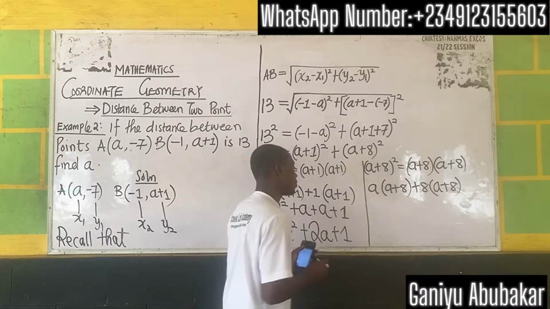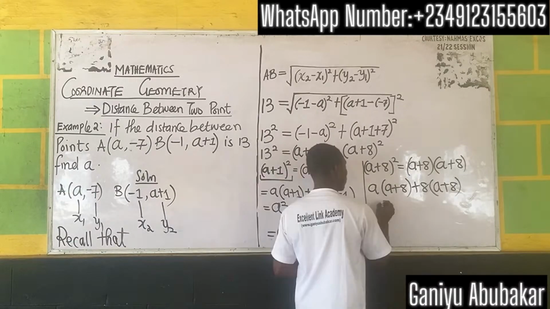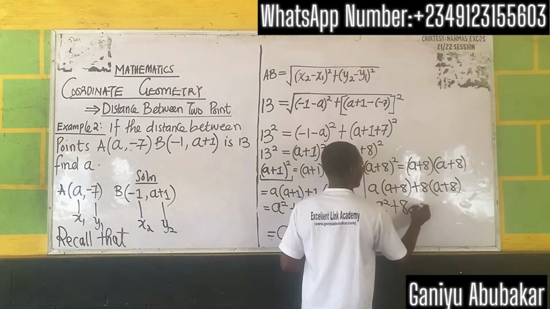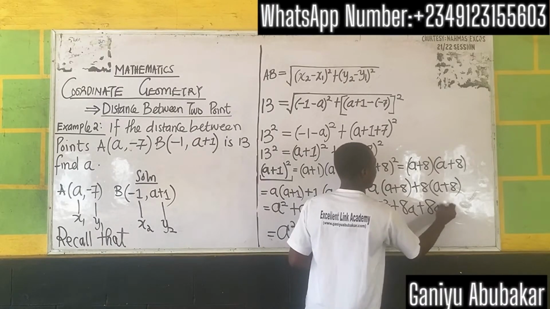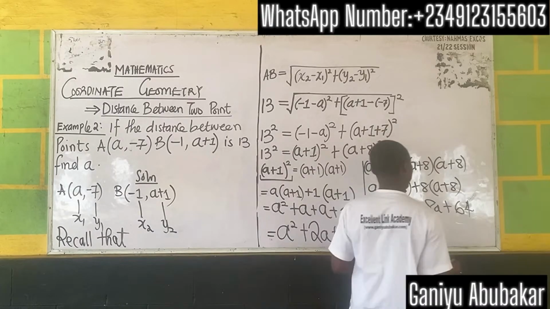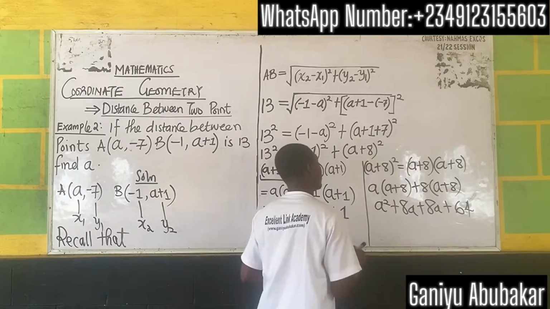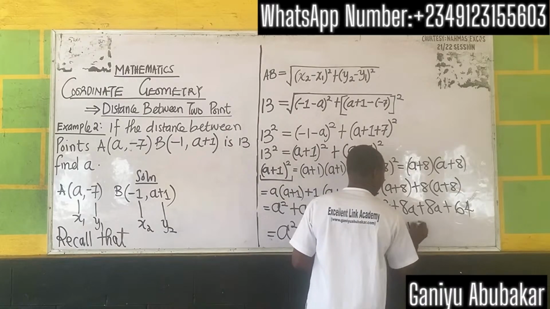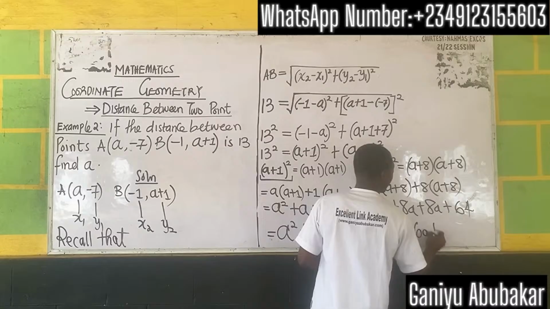Right? So a times a gives you a squared, plus a times 8 gives you 8a, plus 8 times a gives you 8a, plus 8 times 8 gives you 64. This gives you a squared plus 8a plus 8a, that gives you 16a, plus 64.